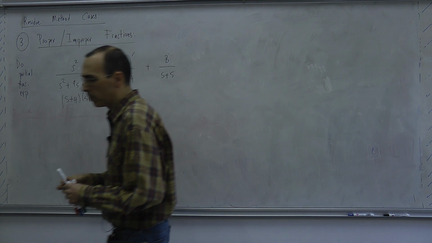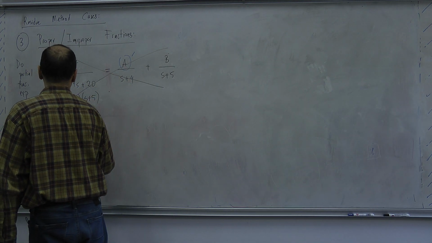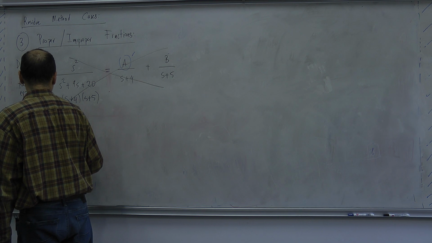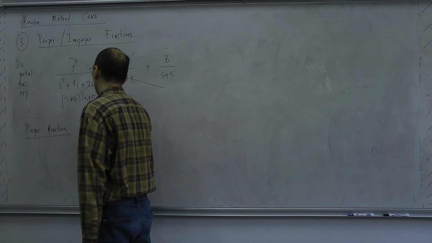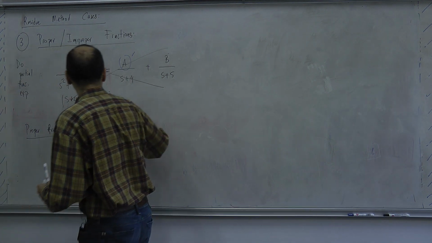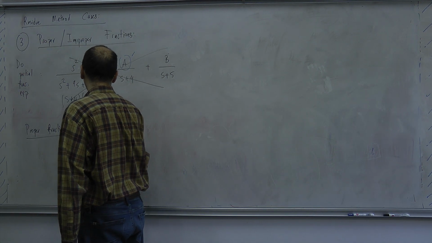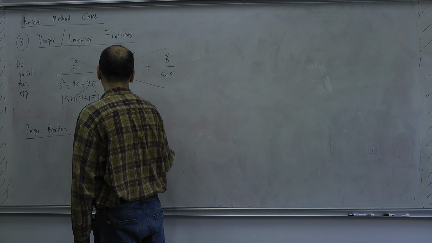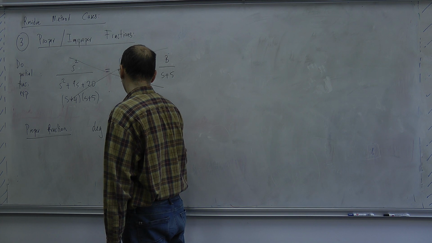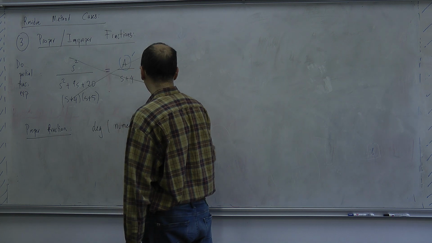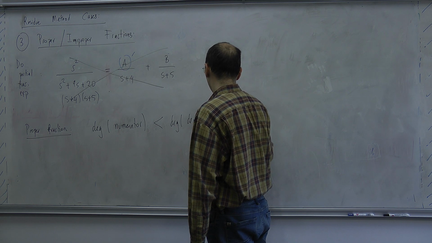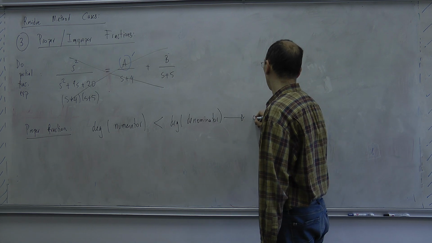So how can I do this? Well, don't do this, first of all. Let me write: proper fraction, if the degree of the numerator is smaller than the degree of the denominator, this is called a proper fraction.